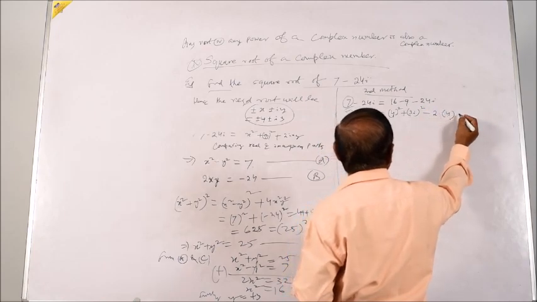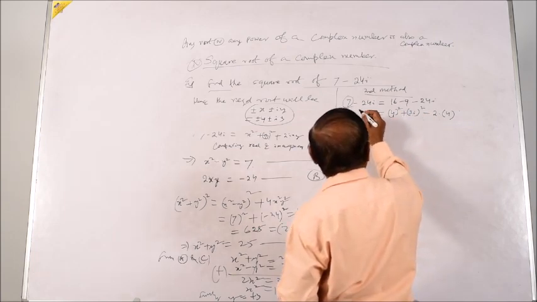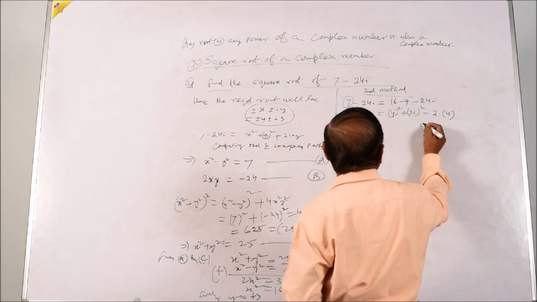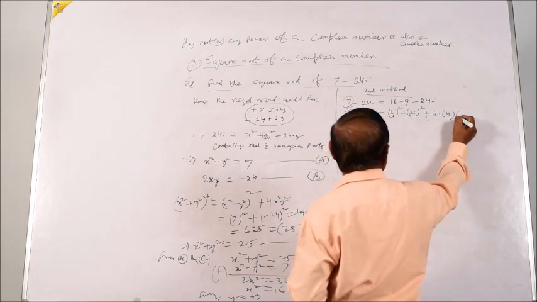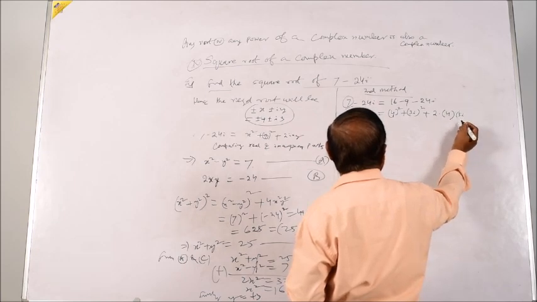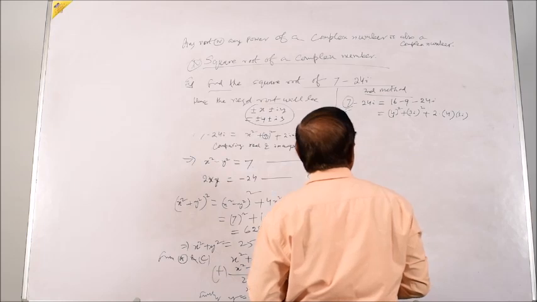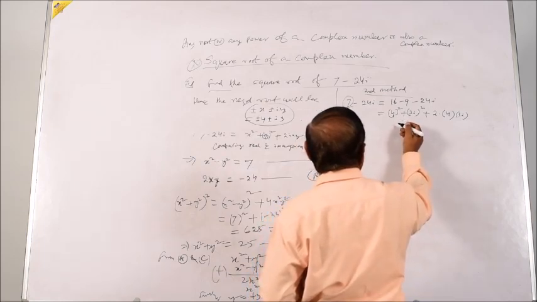I am expressing this as a perfect square, plus 4 into 3i, 9 plus 7.